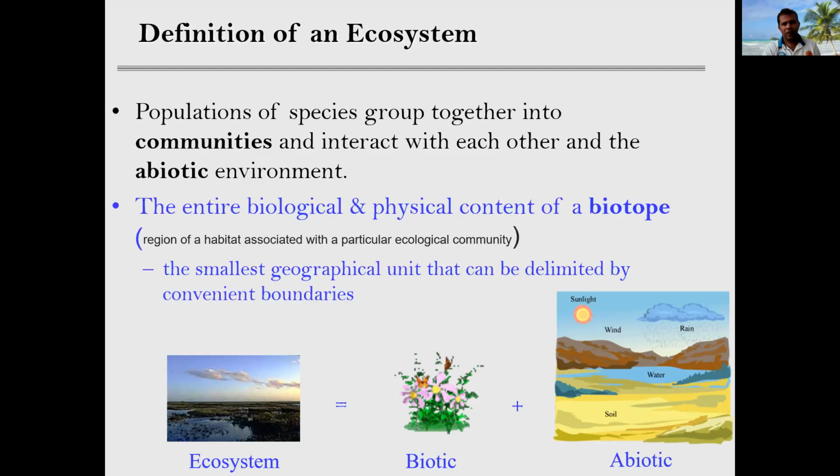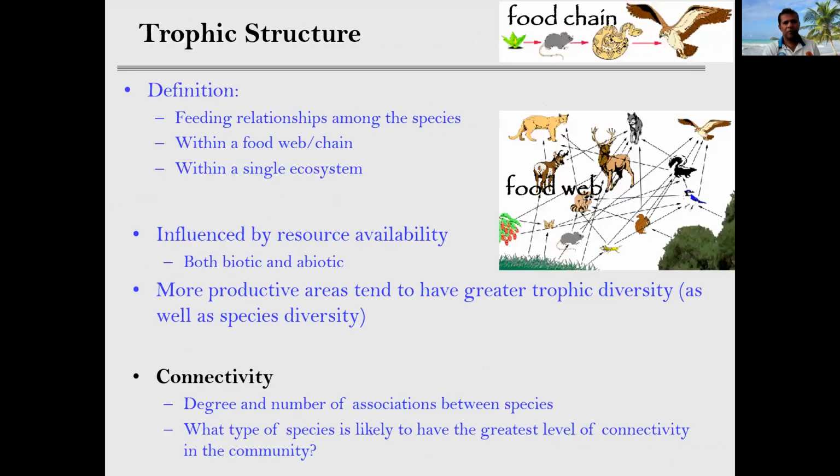I'm pretty sure you have heard these terms. Now the problem with studying ecology at the ecosystem level, or ecosystem ecology, is that it's very wide, very vast. To understand something is going to be really difficult. That's one of the reasons we break it into small areas, just to make things easy.